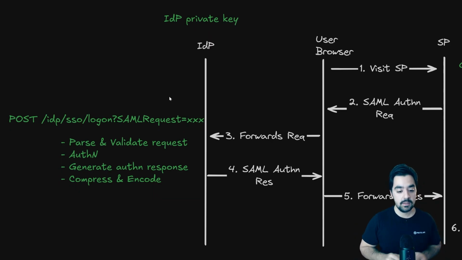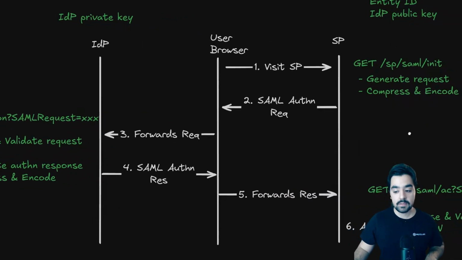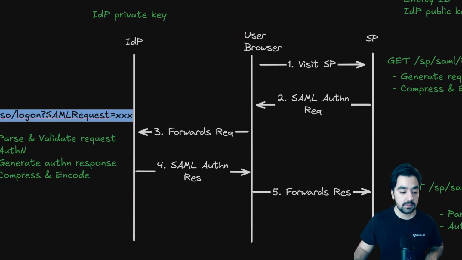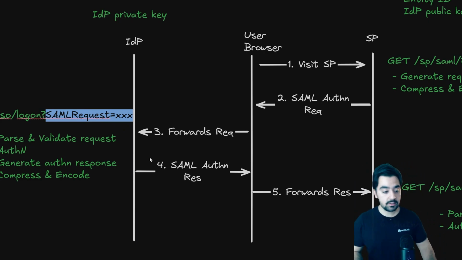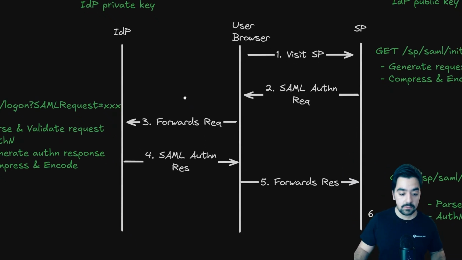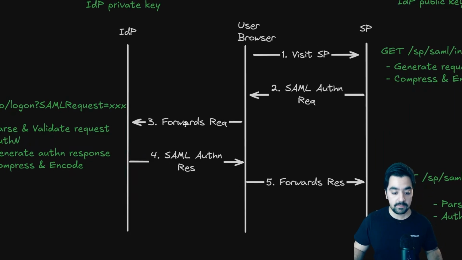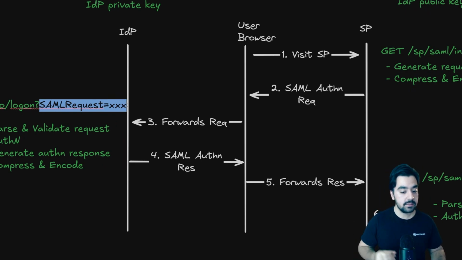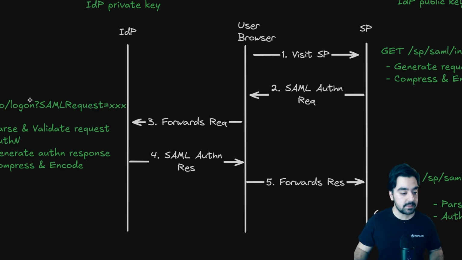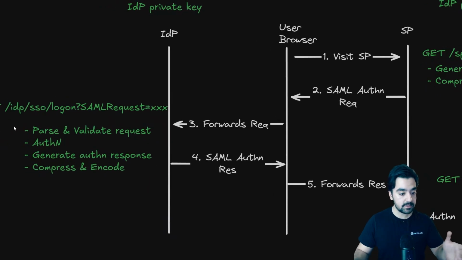They need to enter their username and password, and they have this SAML request included in the URL of the login page they landed on. So when they submit the page, we can extract this query parameter, include it inside the request body, and send a POST request to the identity provider SSO logon.